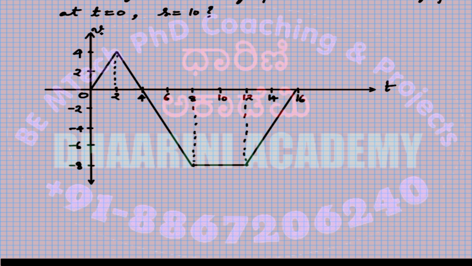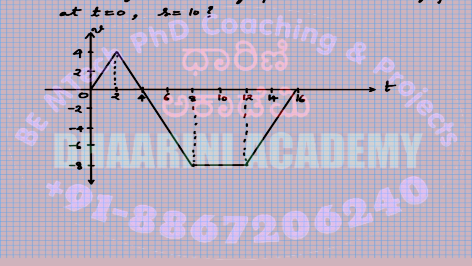So at the end of every second, I have to find what is the displacement, right? I see that the velocity is a straight line, right? So I can simply apply distance is equal to velocity into time. So v into t gives me the distance or the displacement. S is equal to simply vt.